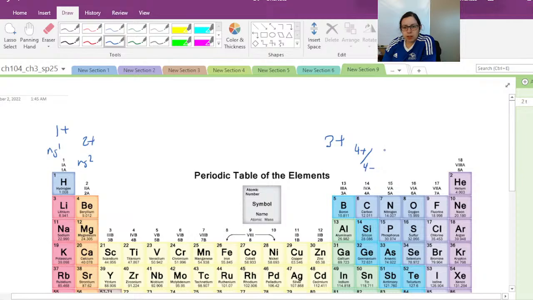And then usually nitrogen becomes -3, at least for the common oxidation state. Group 6 is always -2. That's pretty standard. Halogens are always -1. Again, they're just 1 away. And of course, this is 0 there.